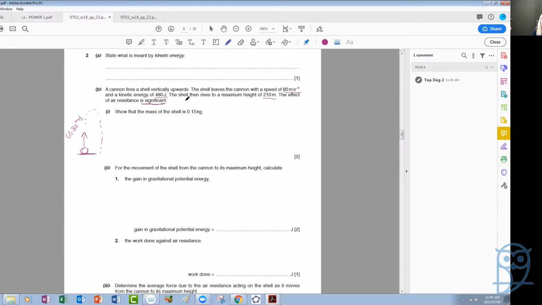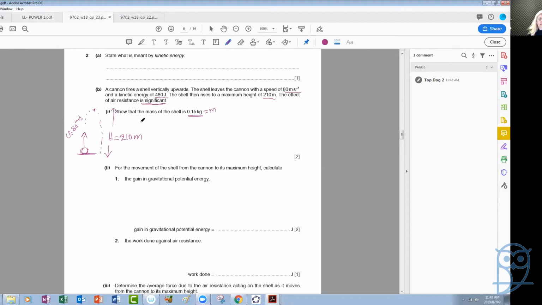All right. So the shell rises to a maximum height of 210 meters. So up to there, this height, let's call it h, is 210 meters. The effect of air resistance, okay, show that the mass of the shell is 0.15 kilograms. That should be the mass.